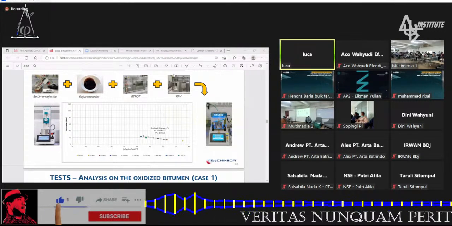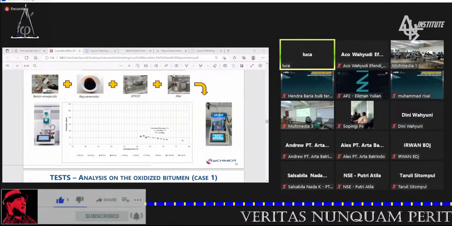If the price of the bitumen is higher, like it was 2-3 months ago, the cost reduction is even higher in that case. So using RAP is not just about cost benefits, but also in terms of life cycle assessment, in terms of environmental impact, this aspect is a benefit.